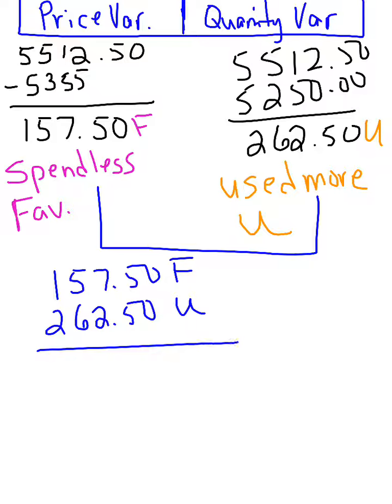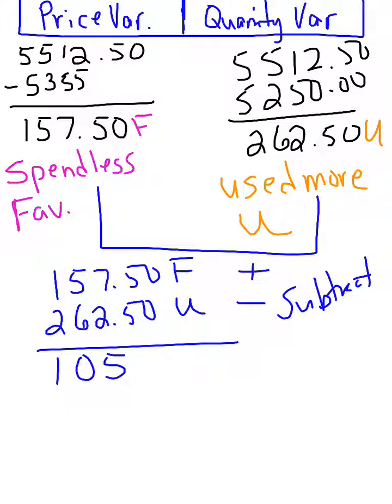Favorable would be a positive number, unfavorable would be a negative number. So when we have an item that's favorable and an item that's unfavorable, we have to subtract these numbers. When we do subtract these numbers, we find that we have an overall total variance of $105.